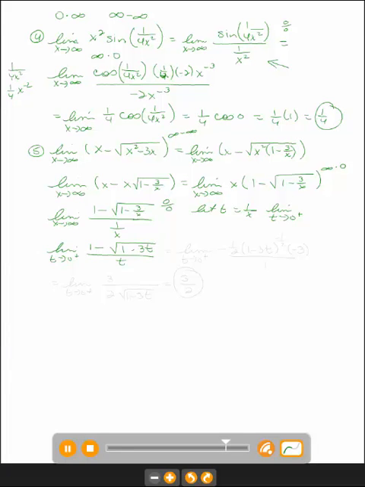So now I'm going to do L'Hopital on it, because it's still 0 over 0. If it's not 0 over 0 when you make that substitution, you made a mistake. So the derivative of 1 is 0, minus, that is 1 minus 3t to the 1/2.